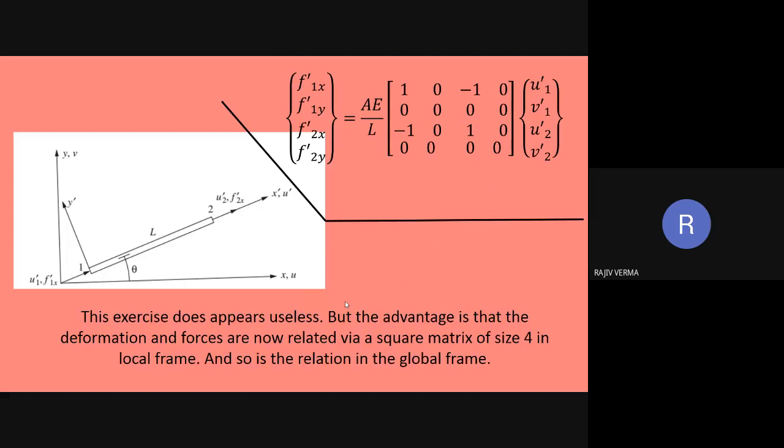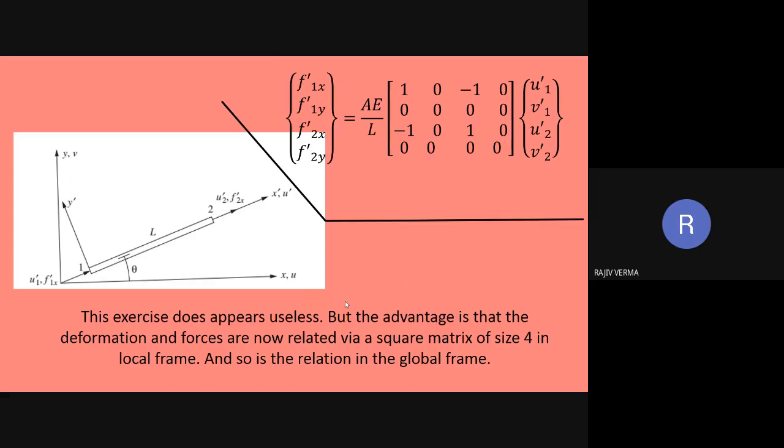Now this exercise does appear to be useless, but the advantage of carrying out this particular exercise is that the deformation and forces are now related through a square matrix of size 4 in the local frame also, and obviously also in the global frame.